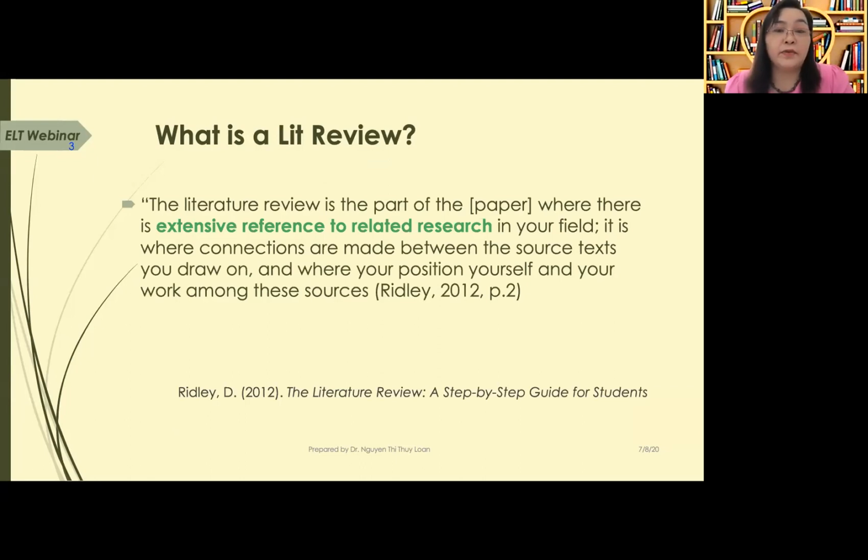It means that when we do a literature review, we need to do a kind of extensive reading on scholarly writing related to our research topic. And not only that, we have to make the connection between them. And after we make the connection between them, we have to place ourselves as researchers and our works into the literature in relation to the other researchers and the other research.